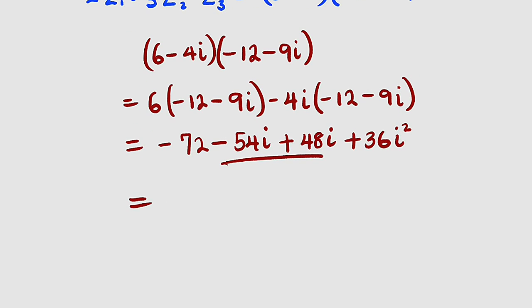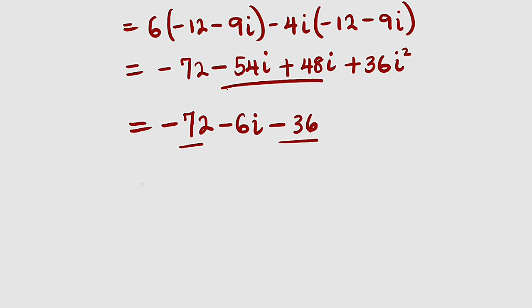So this is the same thing as -72 minus 6i, then minus 36, because i squared is -1 times 36 is -36. So we have -72 - 36, which is -108. So this is equal to -108 minus 6i.